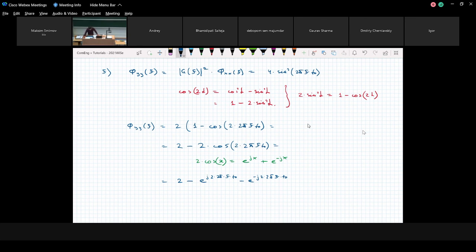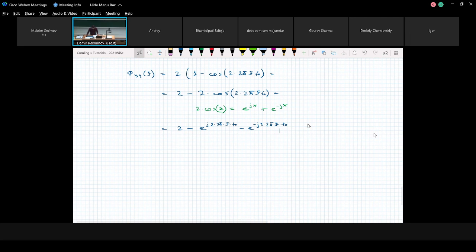And now it's very easy to calculate the Fourier transform, and actually find not only the Fourier transform.